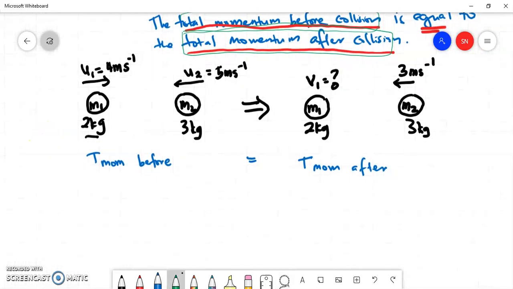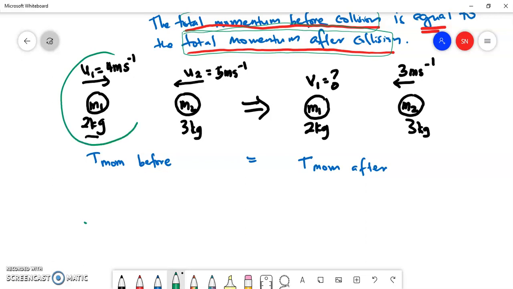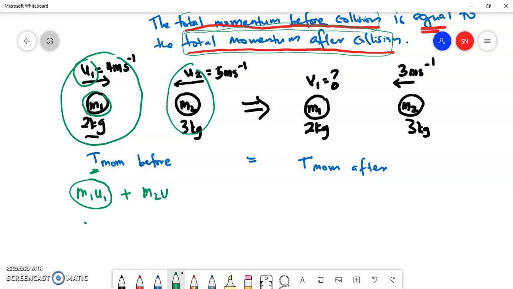We calculate the momentum of the first object before collision, m1 u1, plus the second object's momentum before collision, m2 u2, equal to, after collision, m1 but we don't know what the velocity is, so I write v1.